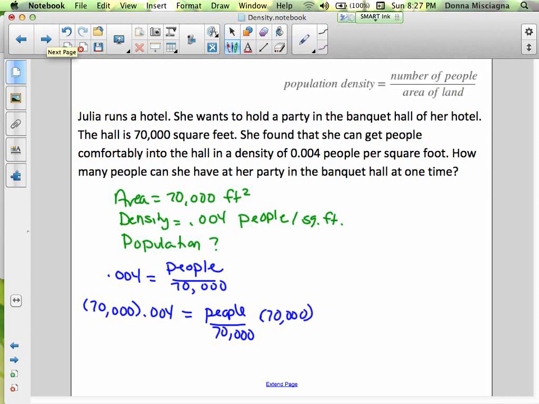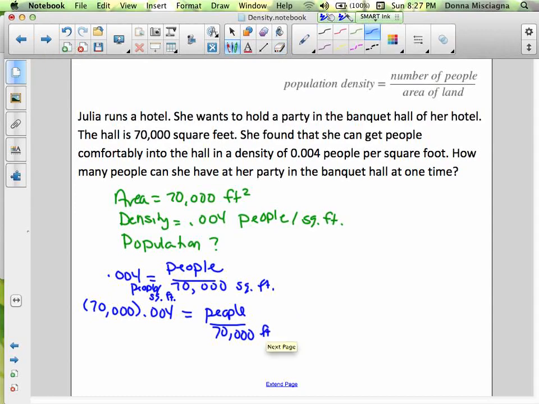We'll squeeze them in. This one is people per square foot, and we're multiplying by 70,000 square feet.